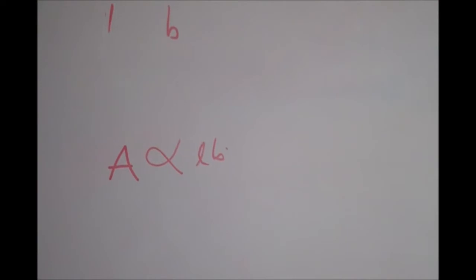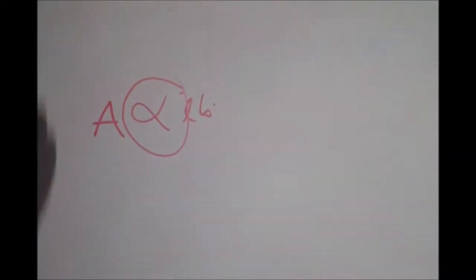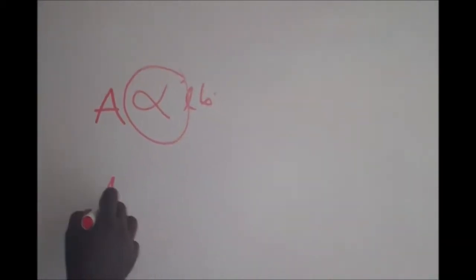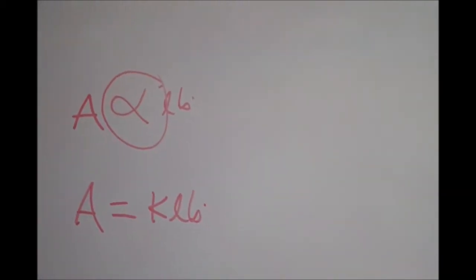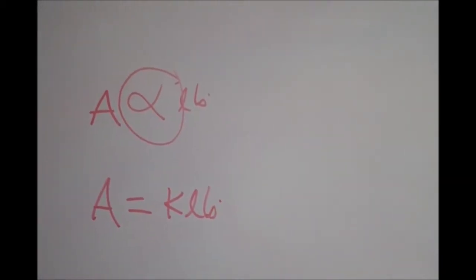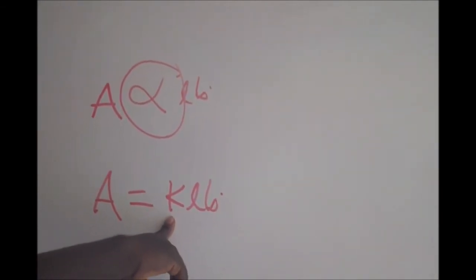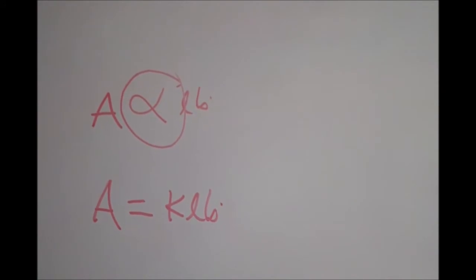Now, if you change this sign of proportionality into an equality sign, we have A equal to K times LB, where K here is the constant of proportionality.